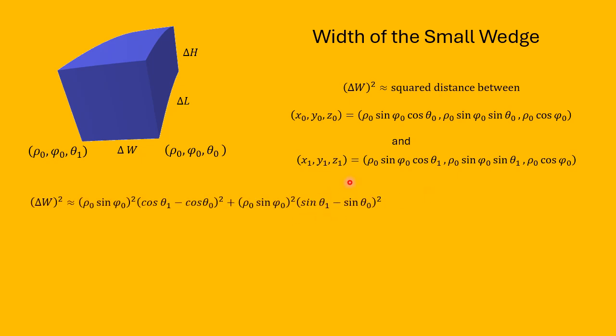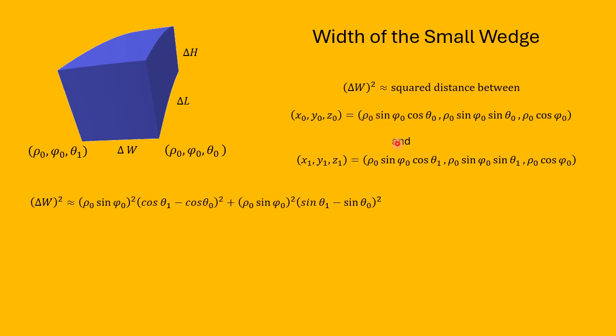So then we'll just use our distance formula in rectangular coordinates. The distance between those 2 points squared is the difference of these x coordinates squared, and if you subtract this and this, you notice that both of these have rho naught sine phi naught in them, and so they only differ right here. So this minus this squared we can write as rho naught sine phi naught quantity squared times cosine theta 1 minus cosine theta naught quantity squared.